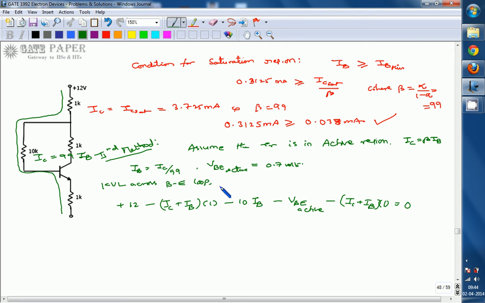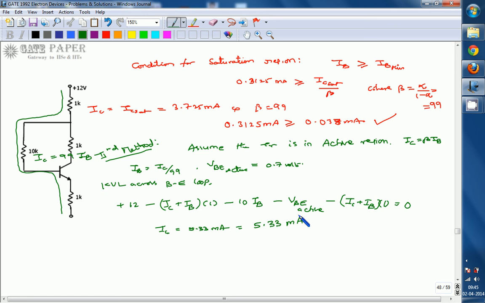VBE active we know it is 0.7 volts, and IB can be replaced with IC by 99. From that one if you calculate, the IC value is going to be equal to 5.33 milliamperes. This is the value of IC.